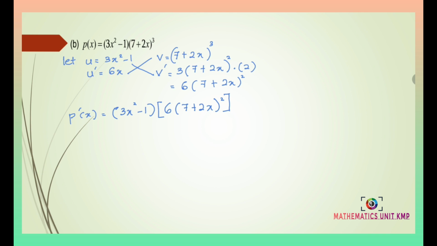Then we close the bracket, plus vu' is (7 plus 2x) cubed times 6x.